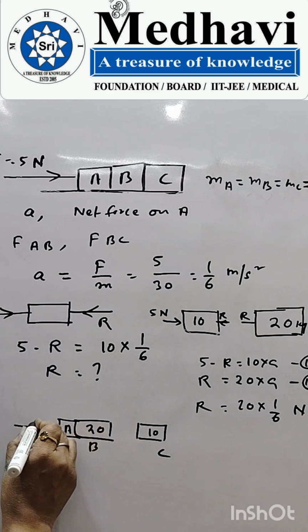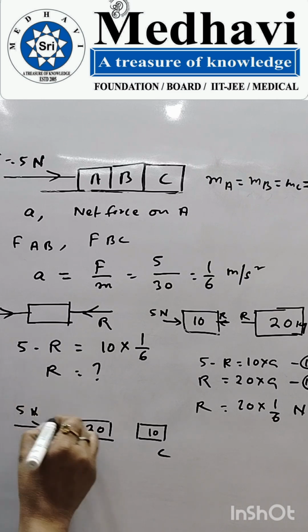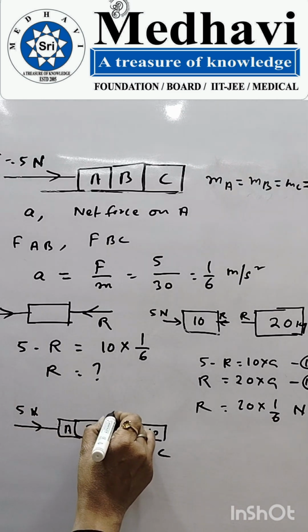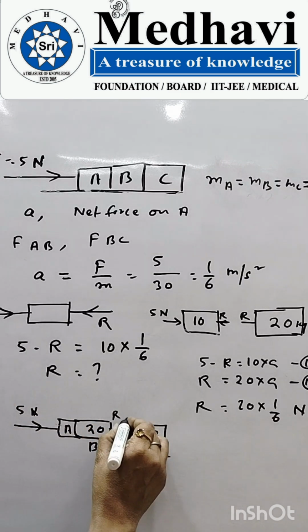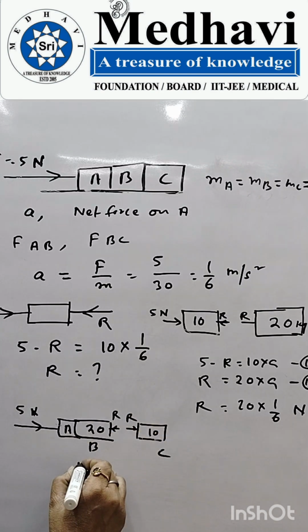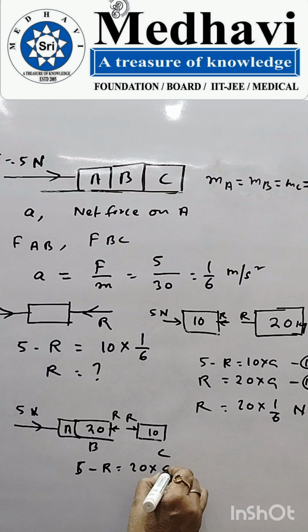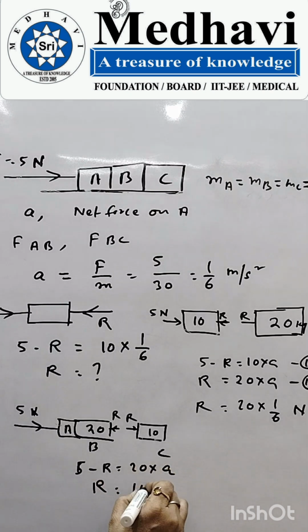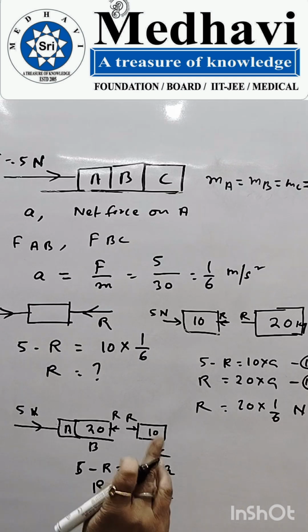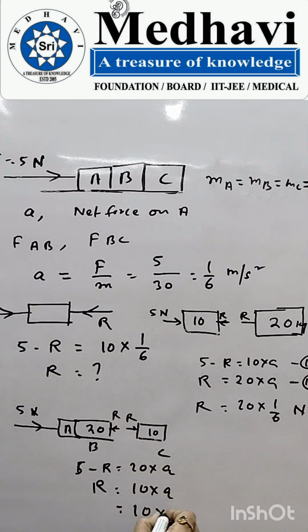And this is the force of 5 Newton, and this is the force of contact. So you can say that 5 minus R is equal to 20 into a, or R is equal to 10 into a. The value of a we have already got, a is equal to 1/6. That many Newton is the force of contact between B and C.